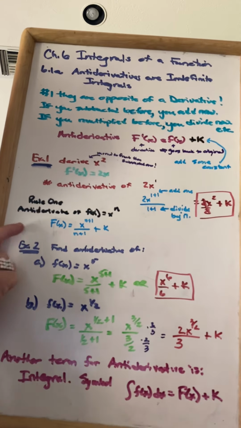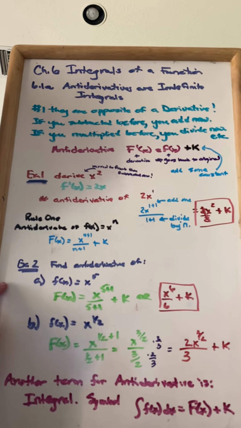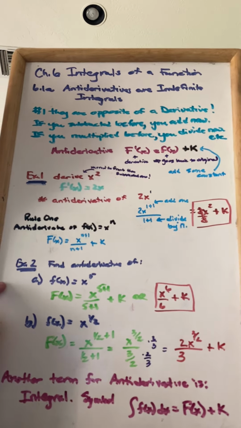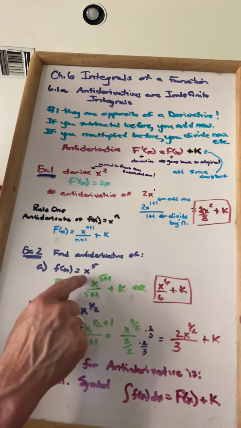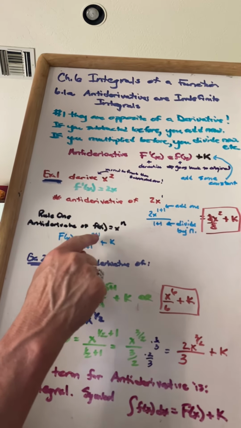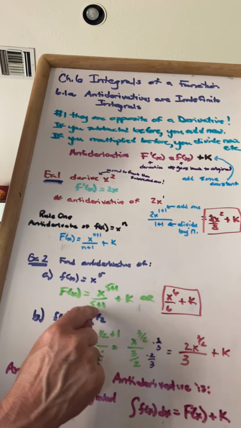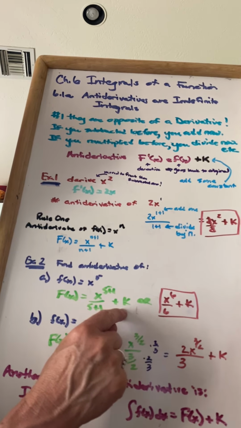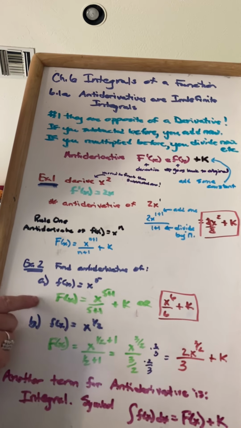All right. So we're going to use that rule for these couple problems here, examples, and then I'm going to give you 3 more rules. All right, the antiderivative of f of x equals x to the 5th. So if you follow the rule, we're going to add 1, x to the 5 plus 1 over 5 plus 1 plus k, which is going to be x to the 6th over 6 plus k.